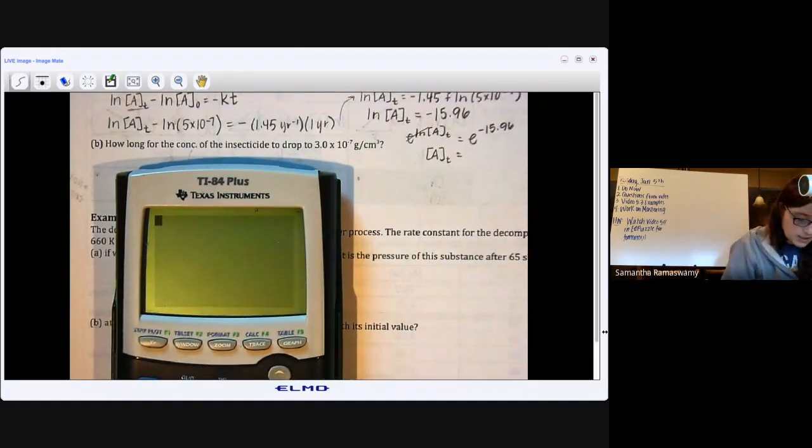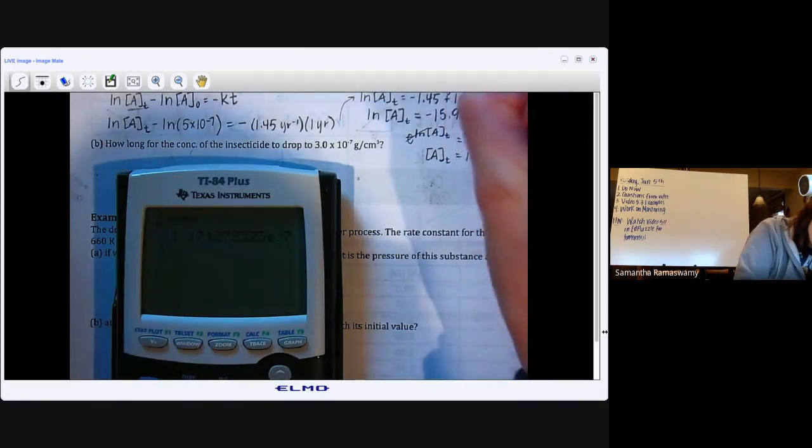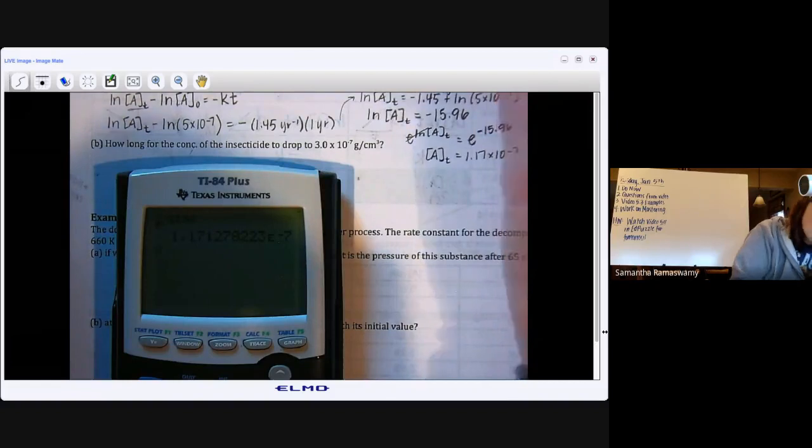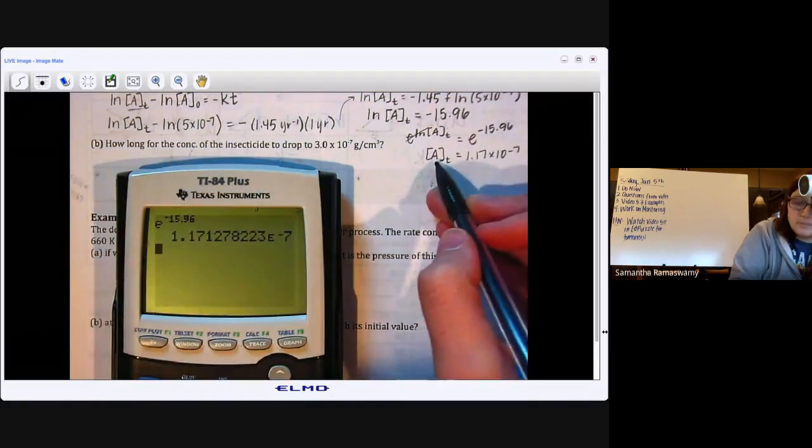In your calculator, you have to hit second ln so that it looks like this. This is different from the exponent button. I'm going to do negative 15.96. 1.17 times 10 to the negative 7th. Now, brackets means concentration.